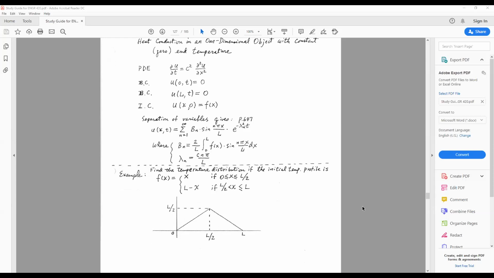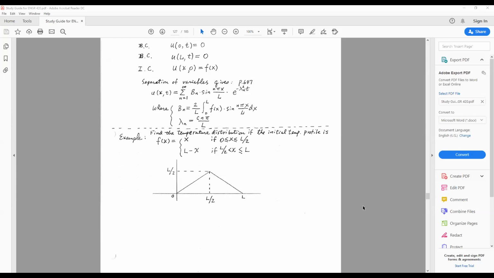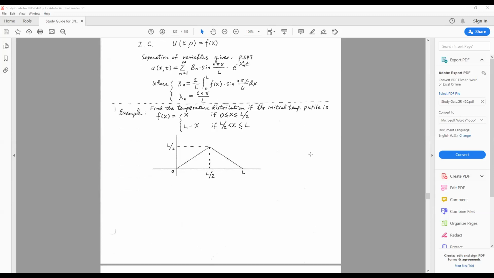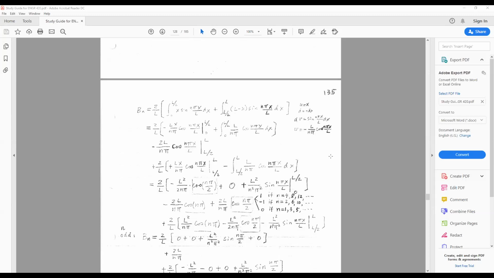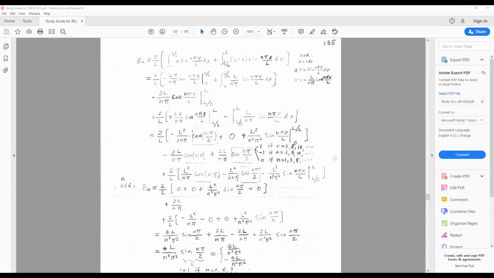In Mathcad, we can put b_n in the integral by hand. So you have my long solution by hand.